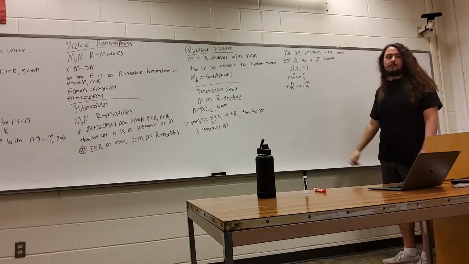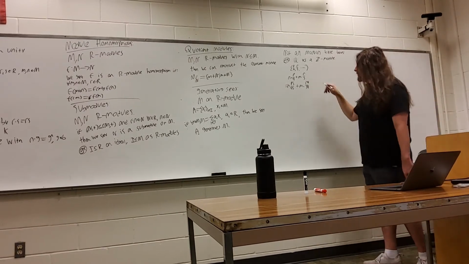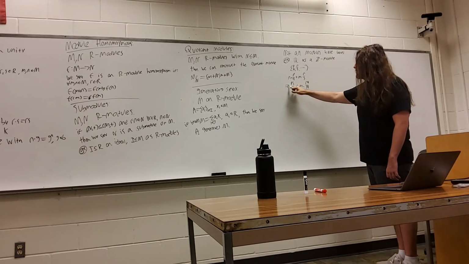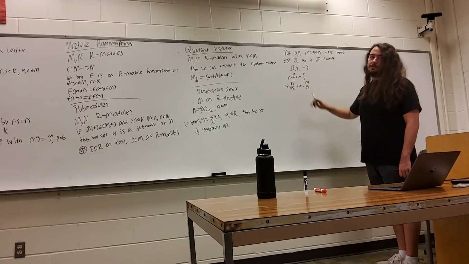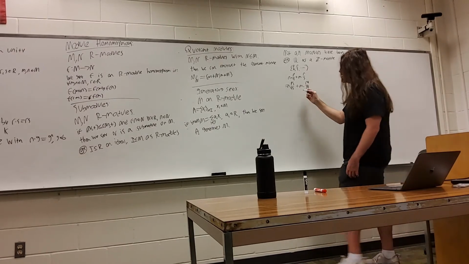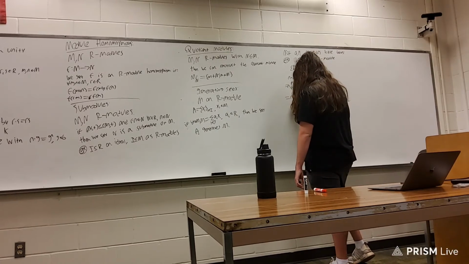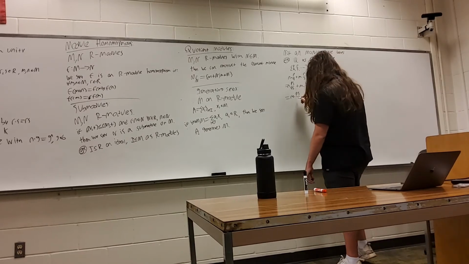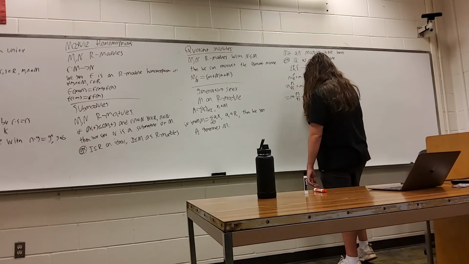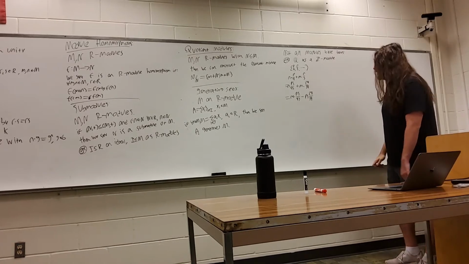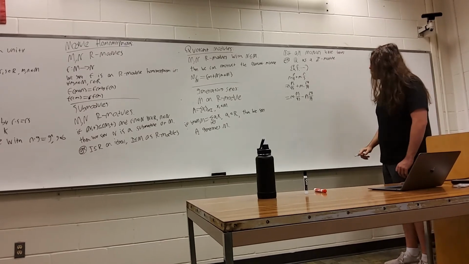Just rational numbers. You can multiply the top and the bottom by the same thing. And then if we let m be equal to RQ and n be equal to negative PS, we have a non-trivial linear combination that gives RQ times PS minus PS times RQ, and these are the same by commutativity of multiplication.